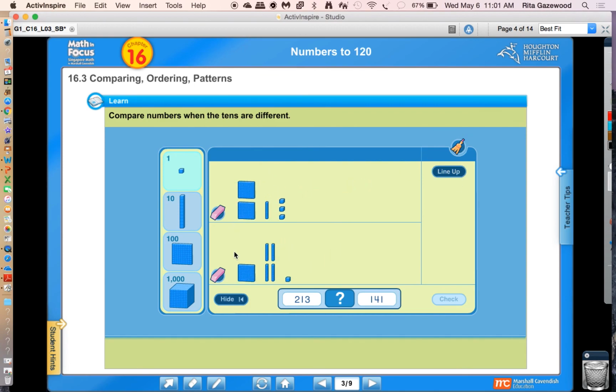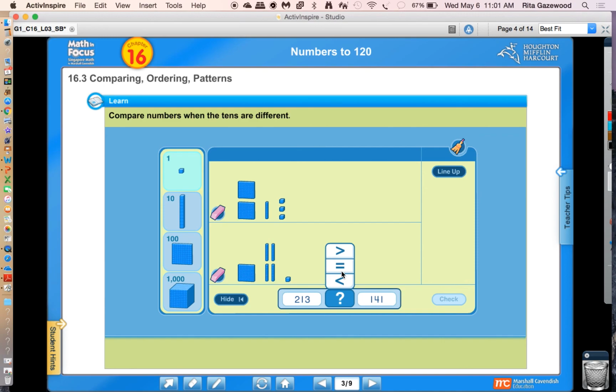So I always want to start with my biggest group, which is the hundreds. Oh, this one has more hundreds. So if it has more, what does that mean? 213 is greater than 141, 213 is equal to 141.